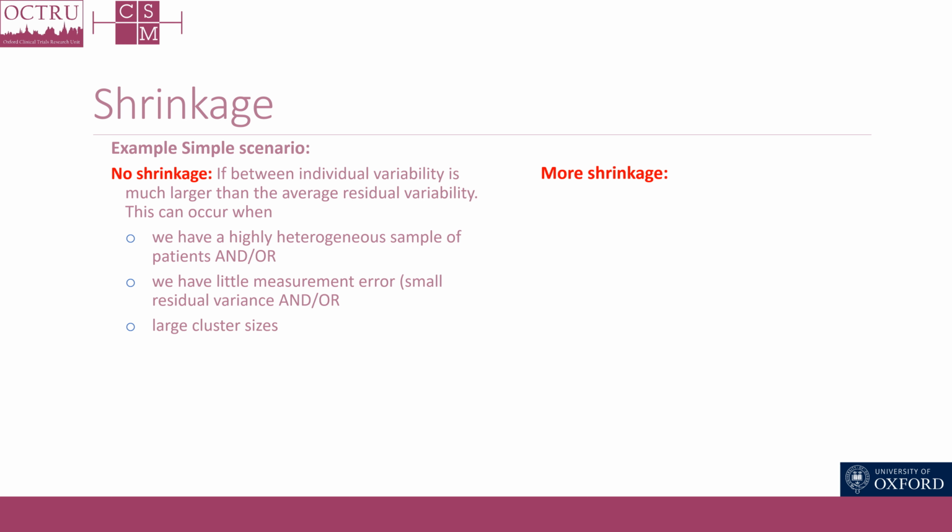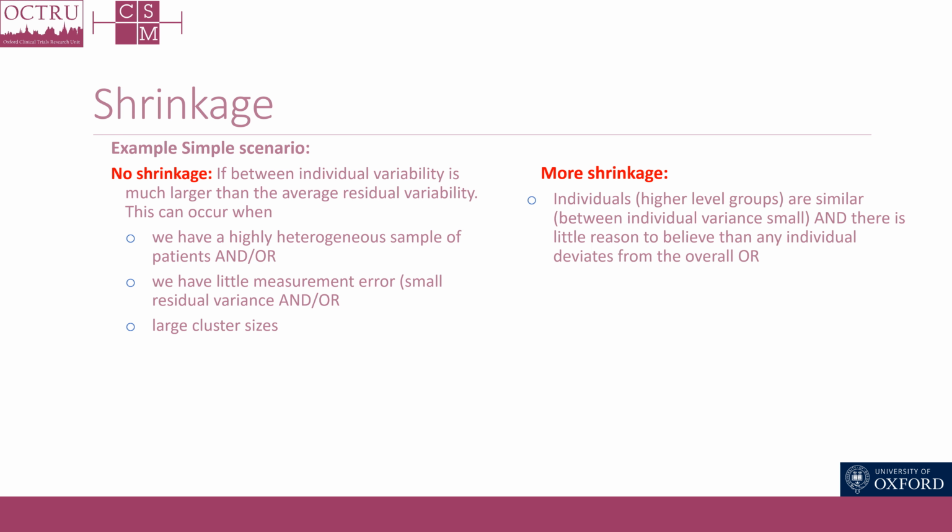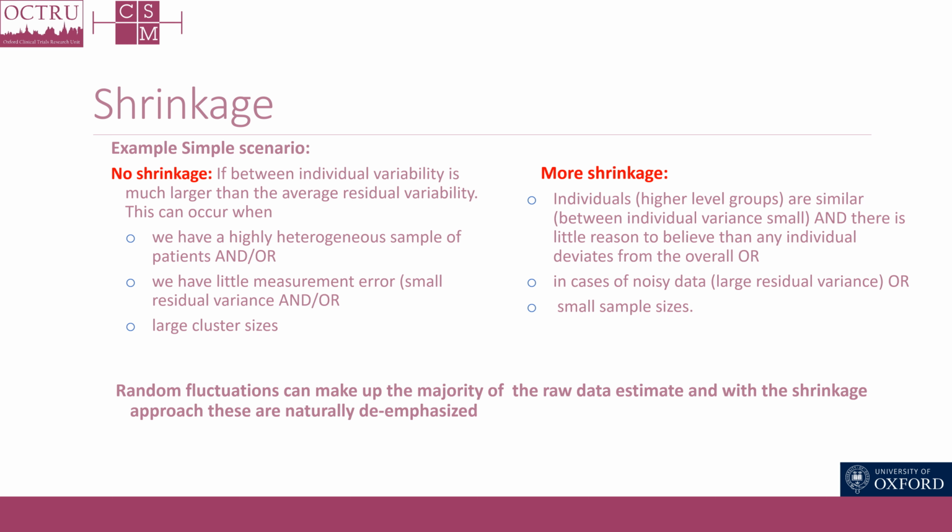We get more shrinkage when individuals are similar, and there is little reason to believe that any individual deviates from the overall means, or in cases that we have noisy data and moderate to small sample sizes. Random fluctuations can make up the majority of the raw data estimate, and with shrinkage in multi-level models, these are naturally de-emphasized.